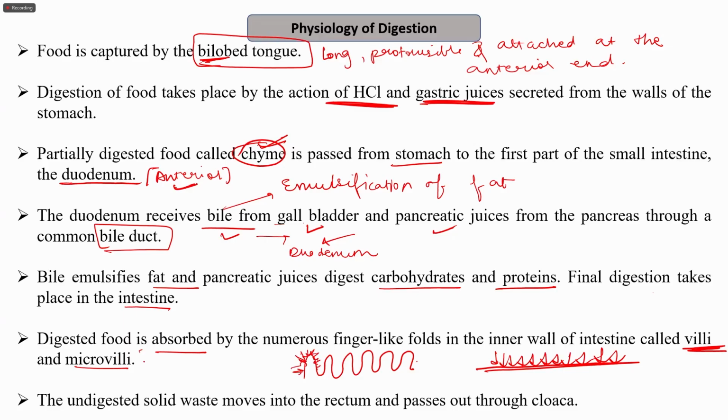Therefore, microvilli increase the surface area for absorption. There is always a reason why this is happening: instead of a linear structure, it is a folded, finger-like structure because it increases the surface area of absorption. The undigested solid waste moves into the rectum and passes out through the cloaca.